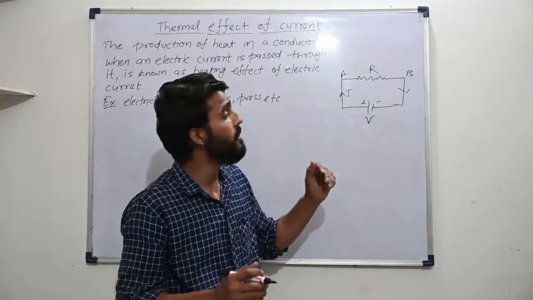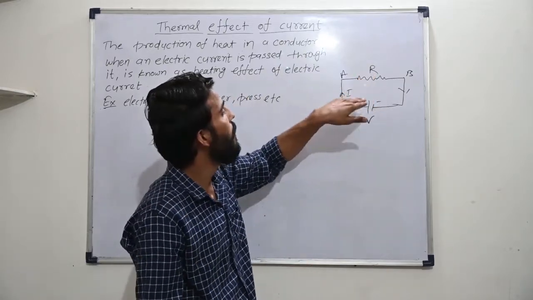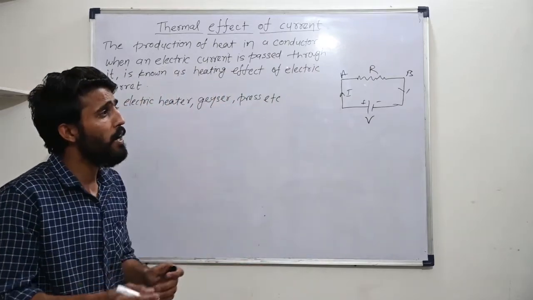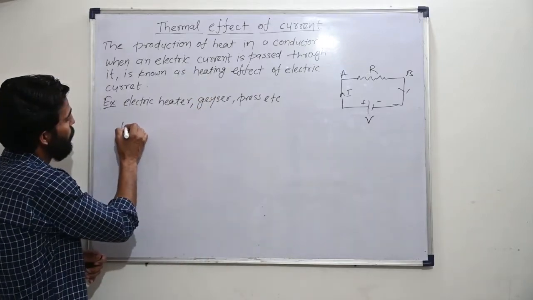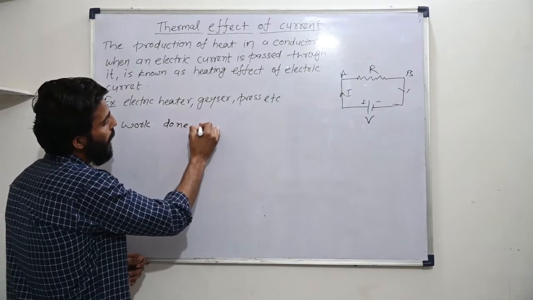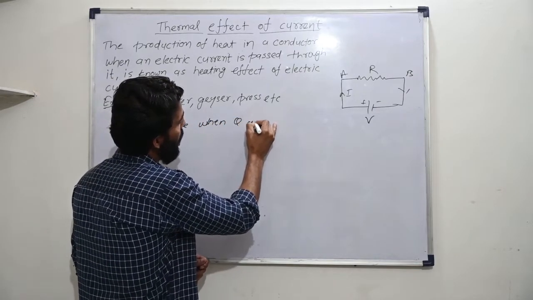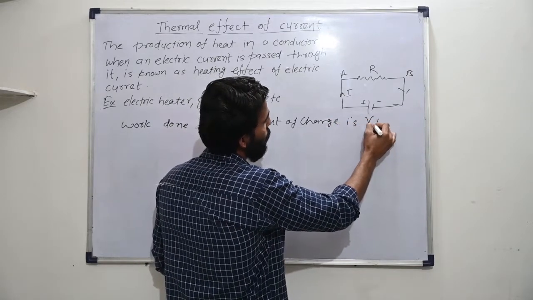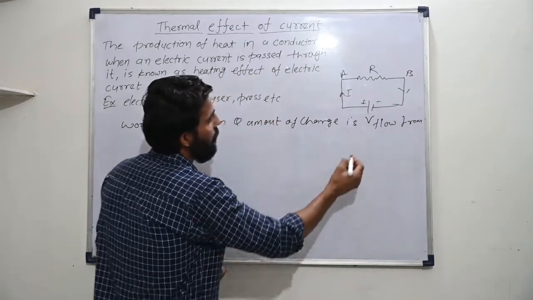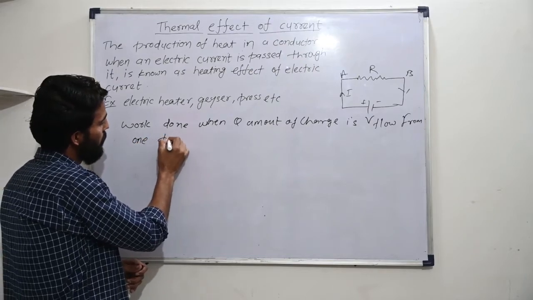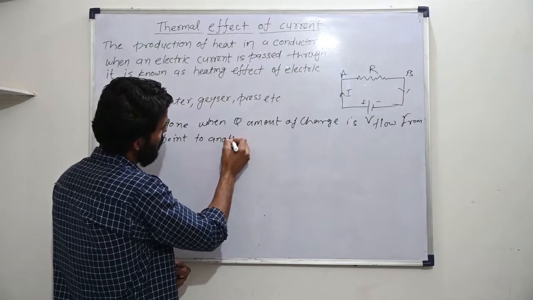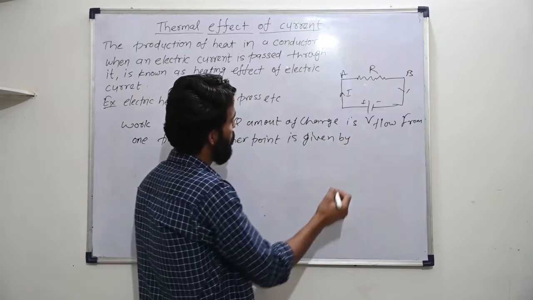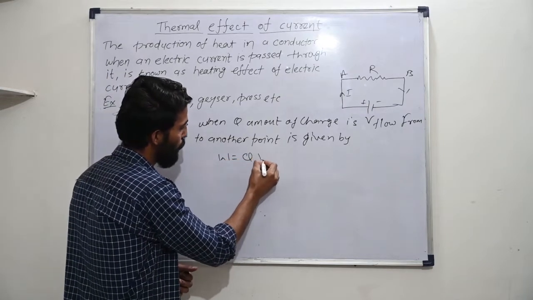Let us consider a resistor with resistance R carrying current I, and the potential difference across the ends of the conductor is V. Then the work done when Q amount of charge flows from one point to another point is given by W equals QV.